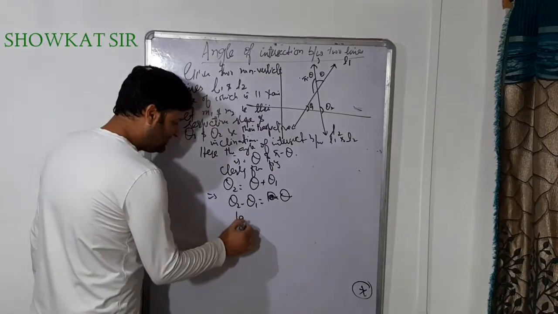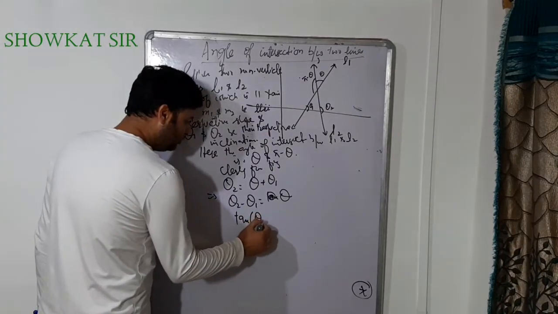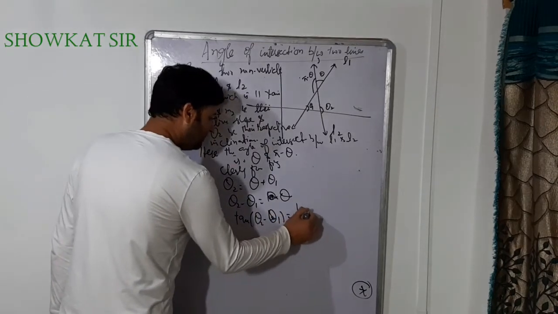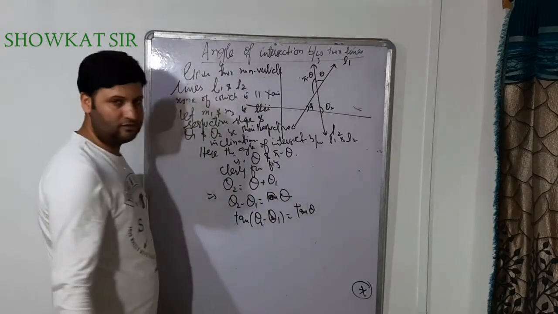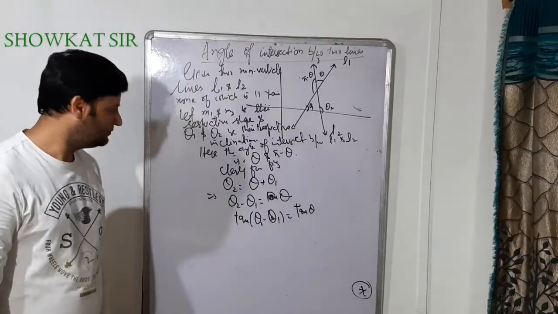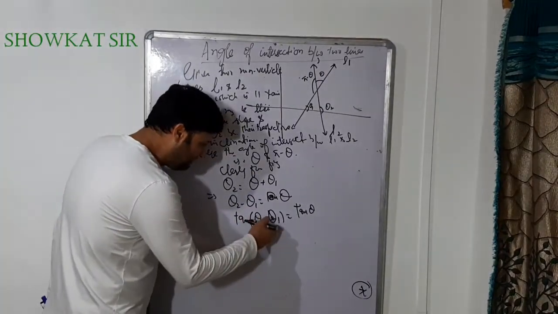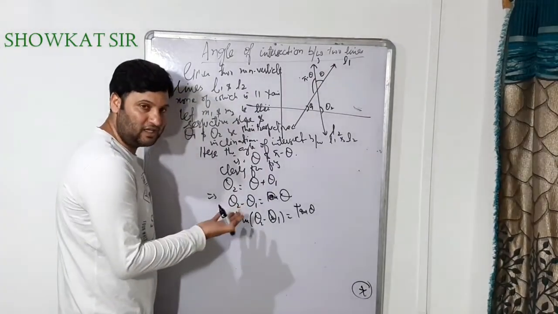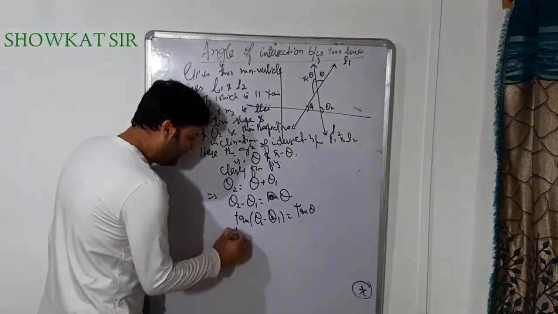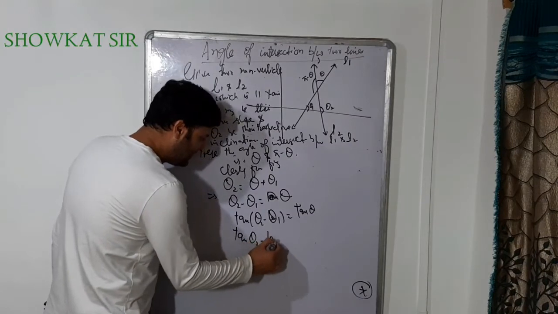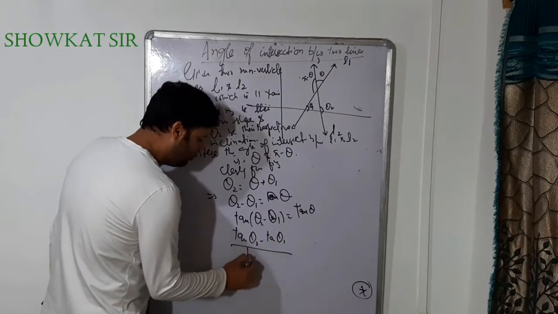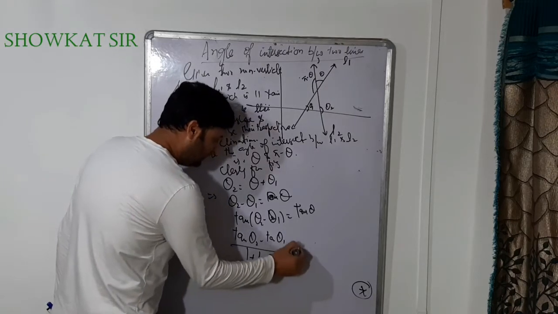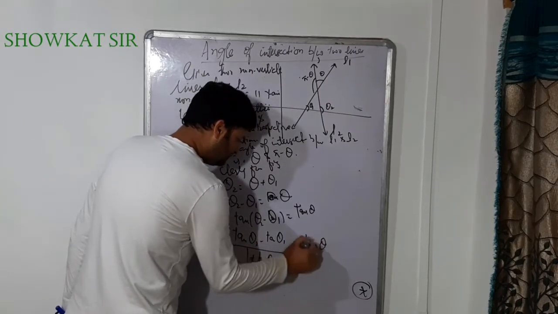Now, this gives tan of theta 2 minus theta 1 is equal to tan of theta. When two angles are equal, then their trigonometric tan is also equal. Now, tan of A minus B, already we know from trigonometry, is tan of A minus tan of B divided by 1 plus tan A into tan B, equal to tan of theta.